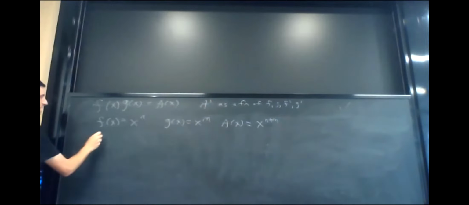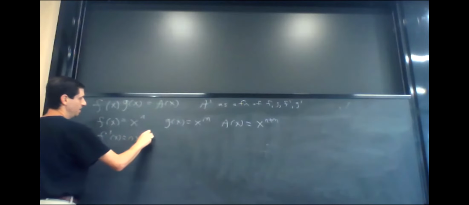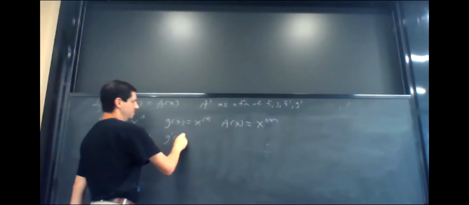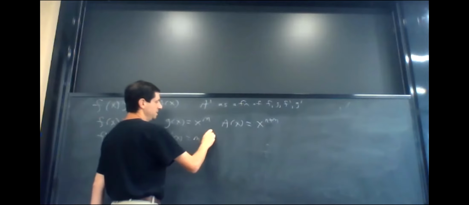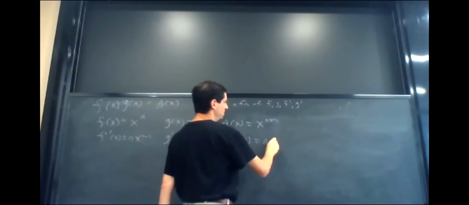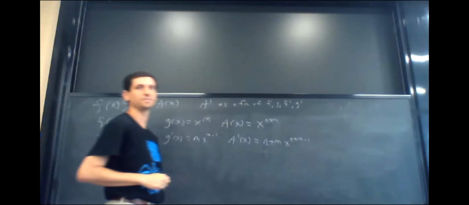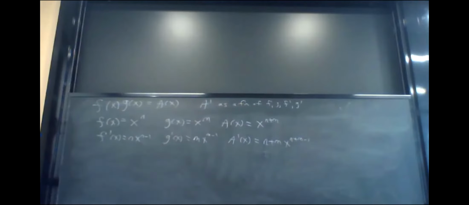And so now we can form a table. f prime of x is n x to the n minus 1. g prime of x is m x to the m minus 1. a prime of x is (n plus m) x to the n plus m minus 1. And now when you look at this, how can I get an x to the n plus m minus 1?